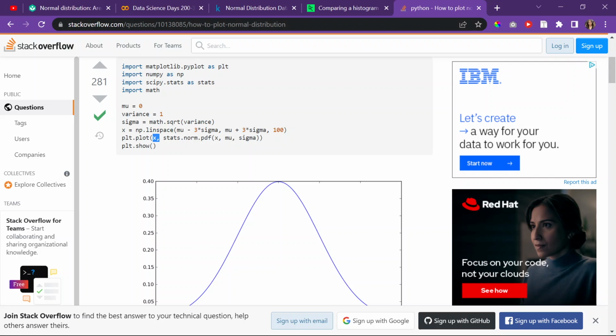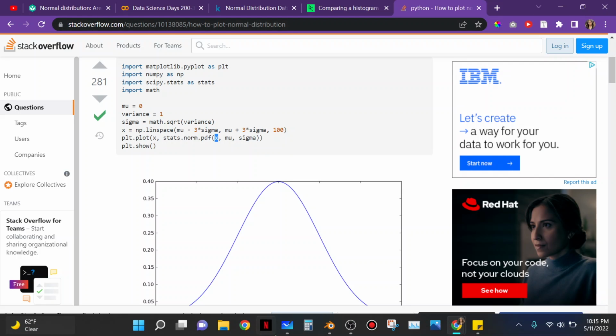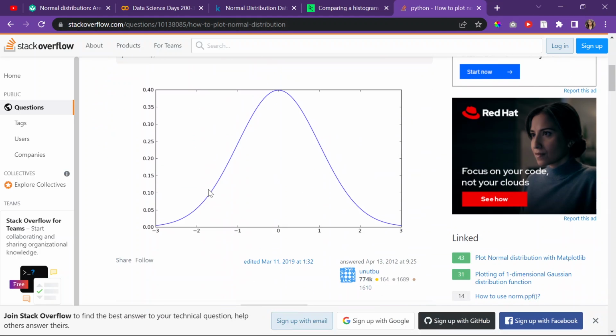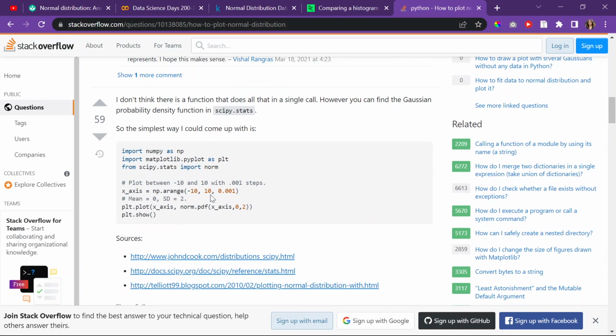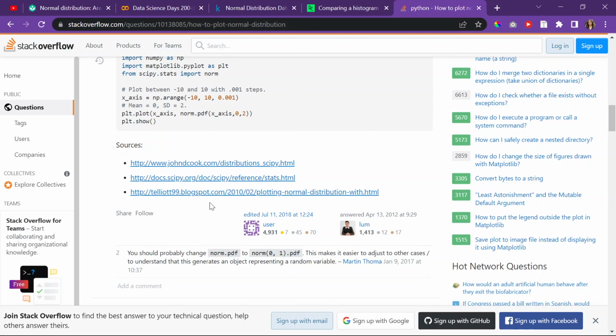And then you would do x, which is your x values over here. And you would do stats.norm.pdf. And then you would do mean, and then, well, that's not mean. This is mean. This is sigma. And then this is your point. Okay. Page x-axis.